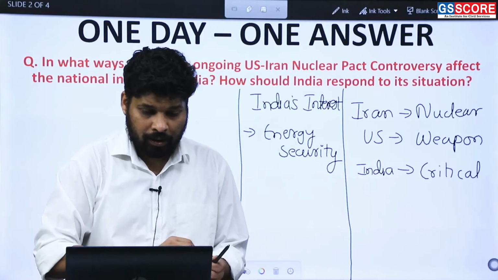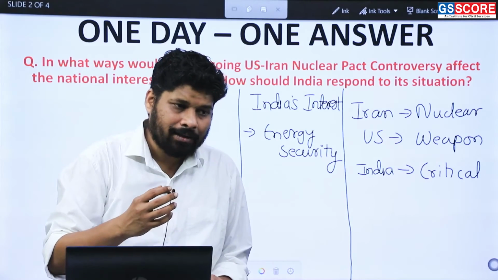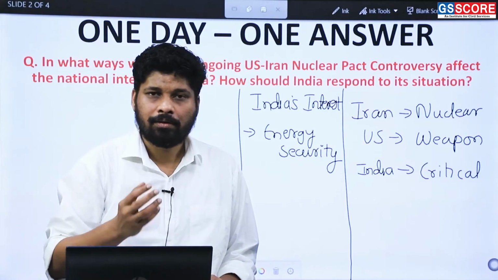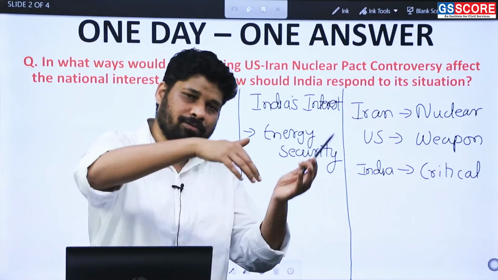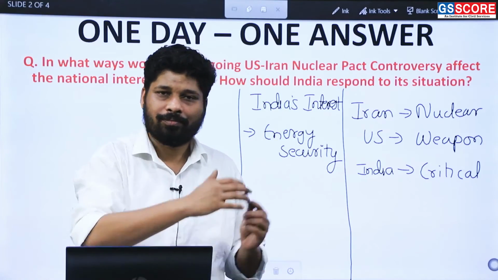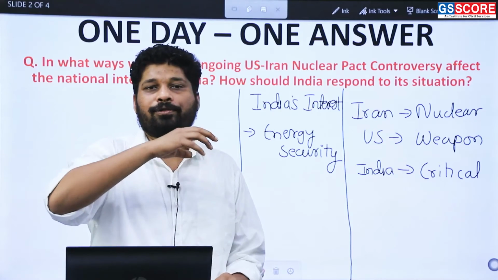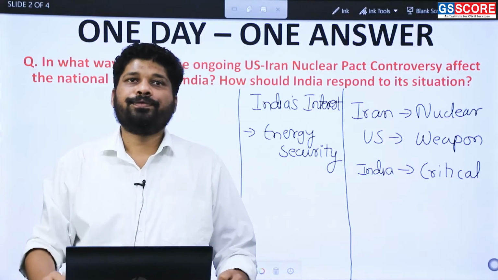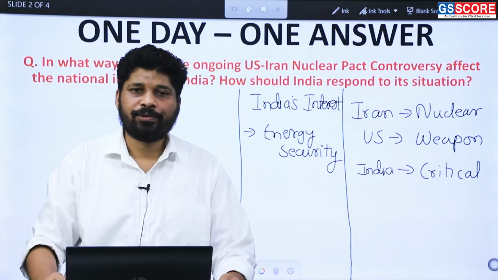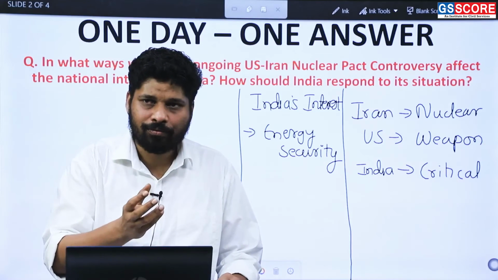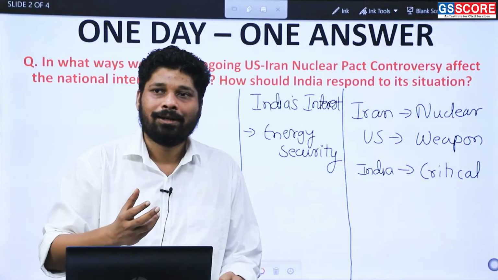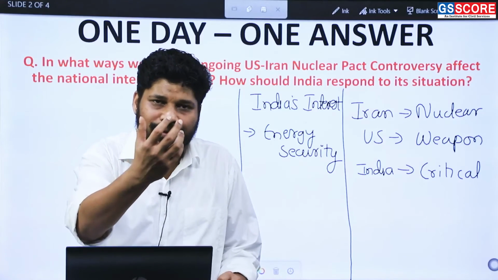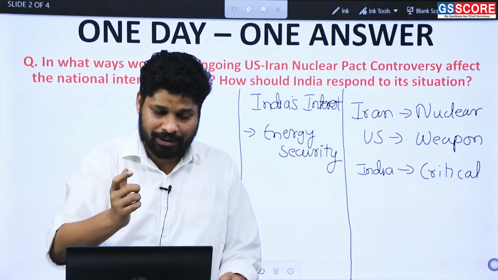And if the US-Iran nuclear deal breaks down, it has broken down. The question was asked when it had not broken down, so I am talking from that context. If the nuclear deal between Iran and US breaks down, it will be difficult for India to purchase oil from Iran due to US sanctions.